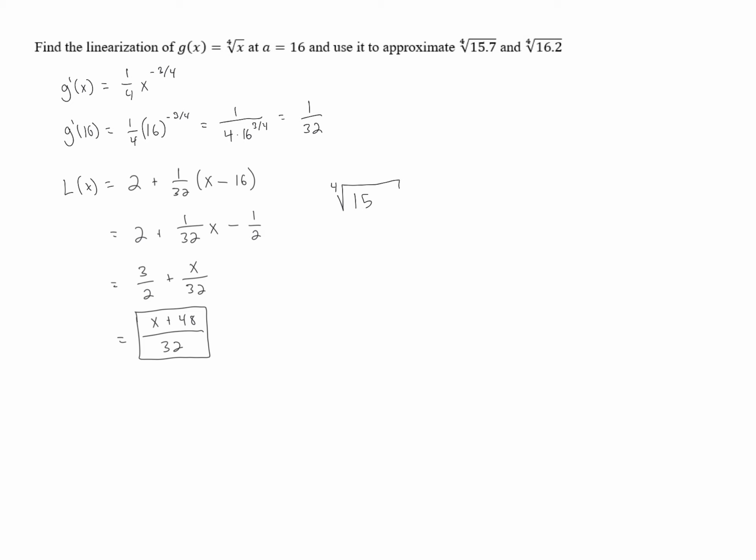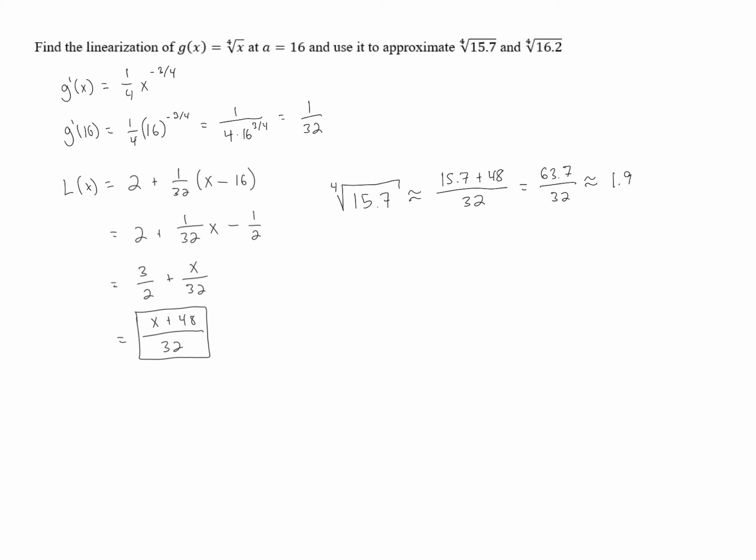So we've got the fourth root of 15.7 is approximately 15.7 plus 48 over 32, which is 63.7 over 32, which we could evaluate by hand. We could get an approximation, but to be lazy, I'm just going to use a calculator.